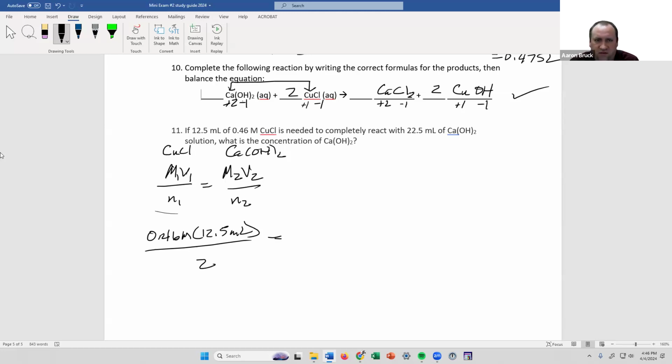On the other side, for the calcium hydroxide, I don't know its concentration, but I do know that it had 22.5 milliliters, and its coefficient is 1. To get M2 by itself, I need to multiply both sides by 1 over 22.5 milliliters.